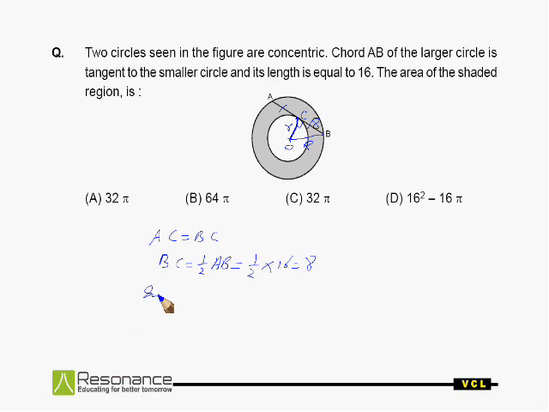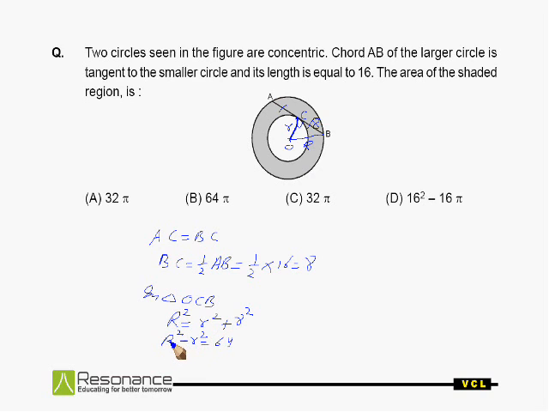Now in triangle OCB, by applying the Pythagoras theorem, we get capital R square is equal to small r square plus 8 square. Shifting small r square to the left hand side, R square minus small r square is equal to 64.